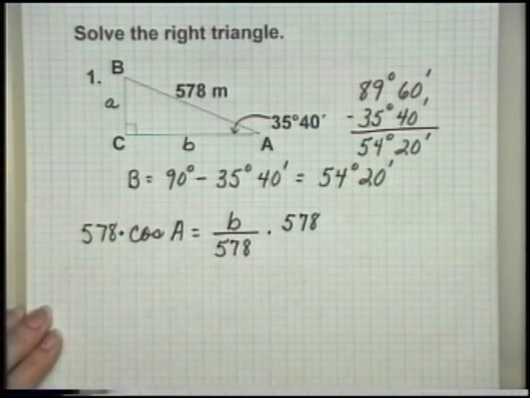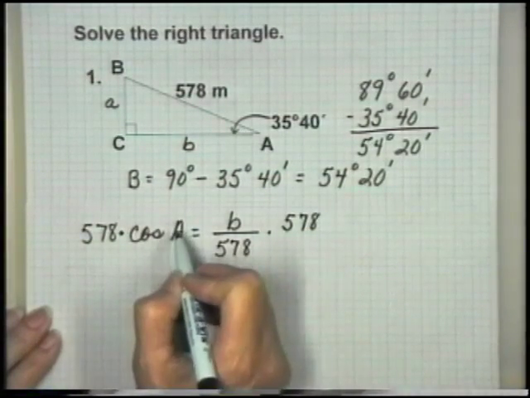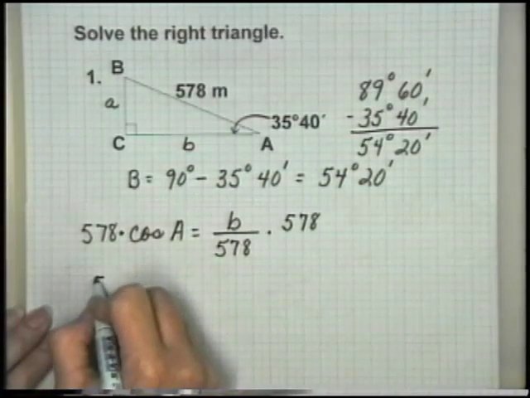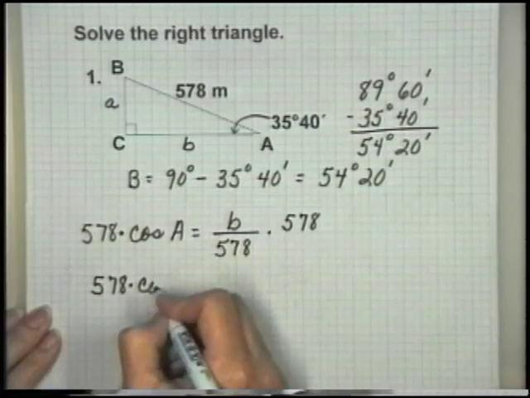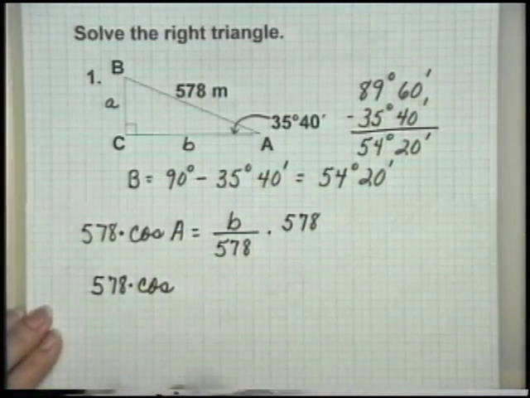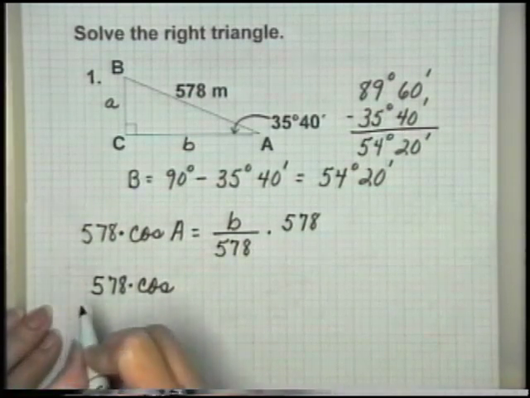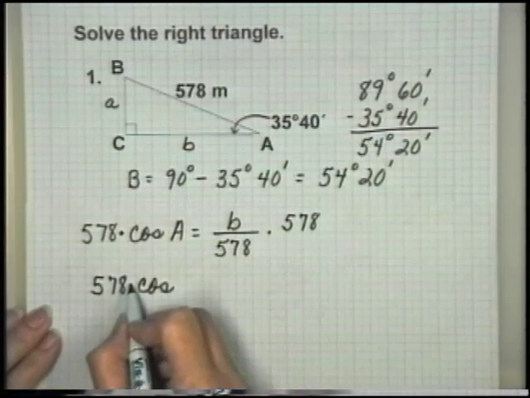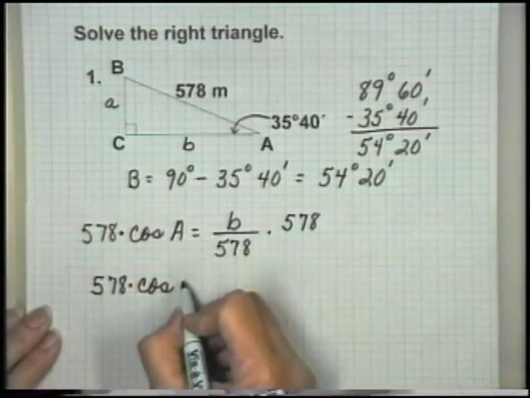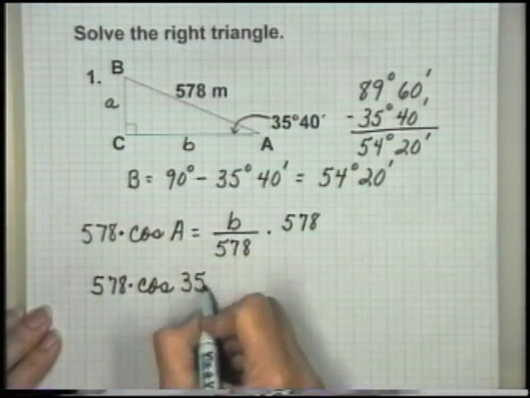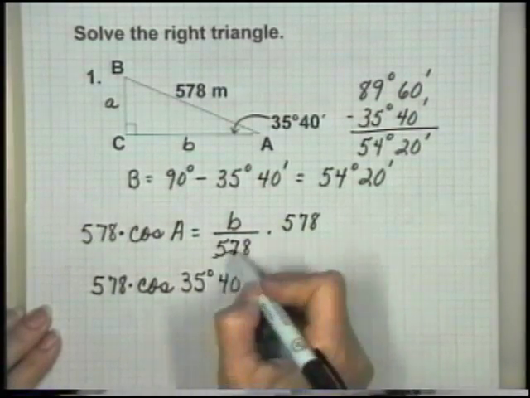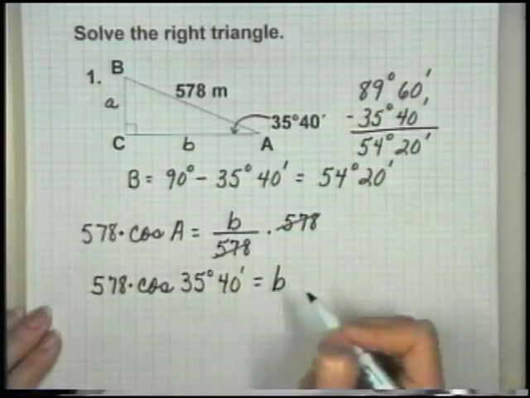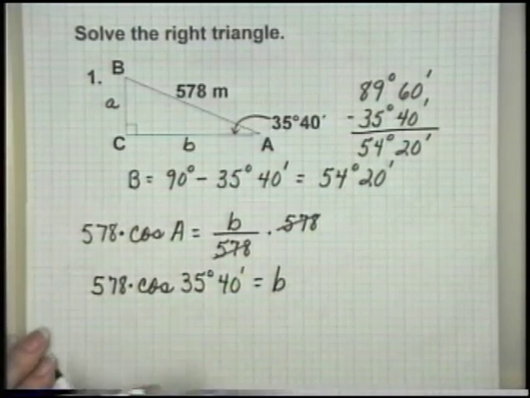You know what I should do before I start solving, though? I should write what B is. I'll do that right here. 578 times, it's not side A, it's angle A. I need to write 578 times the cosine of angle A. Angle A is 35 degrees, 40 minutes equals, and of course those will divide out.